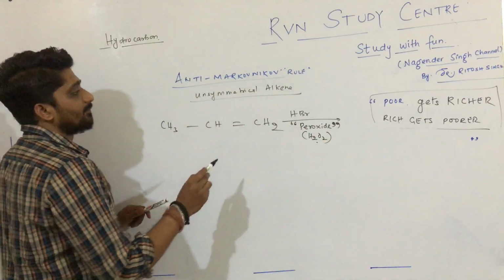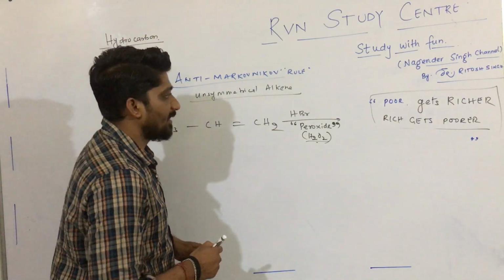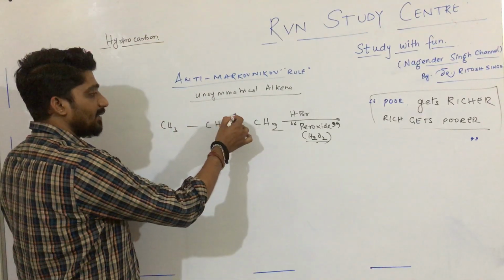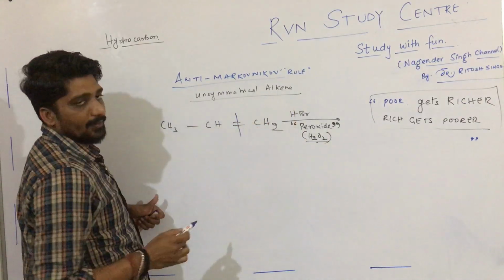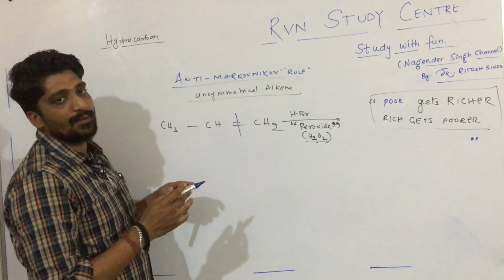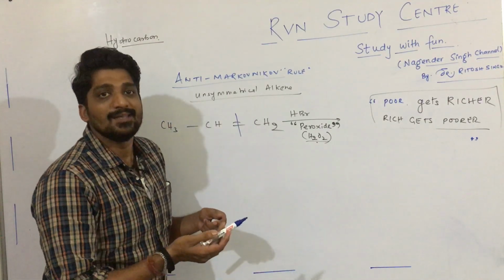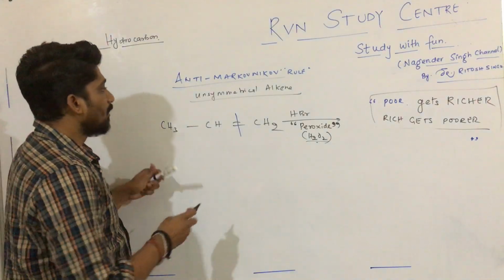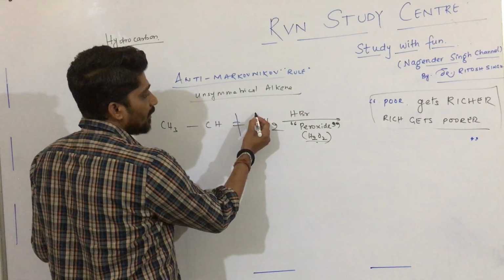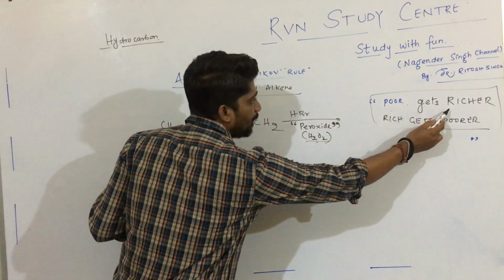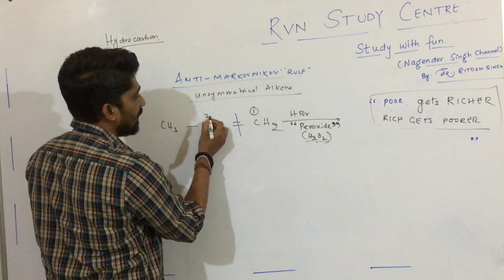Now what will happen? The moment H2O2 peroxide is added with the HBr, again the same thing, the bond will be broken. It is going to change to a single bond, because this Markovnikov and anti-Markovnikov is an addition reaction in which the double bond gets changed to a single bond. Now what happened? Here the double bond has been broken. What I said: poor gets richer and rich gets poorer. So here, first carbon and second carbon.